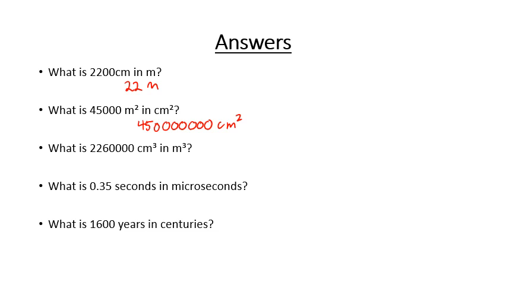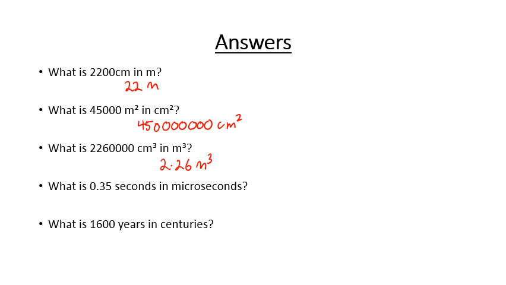In our next question it says 2,260,000 centimeters cubed into meters cubed. Now normally centimeters to meters we would divide by 100, but in this particular case we need to divide by 100 cubed, which will give us 2.26 meters cubed.